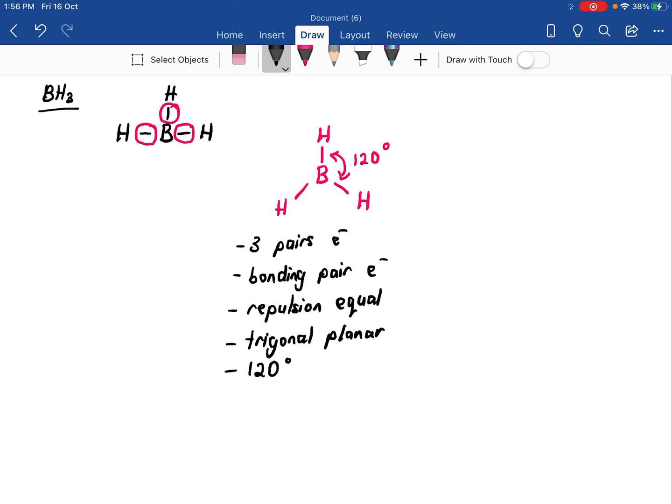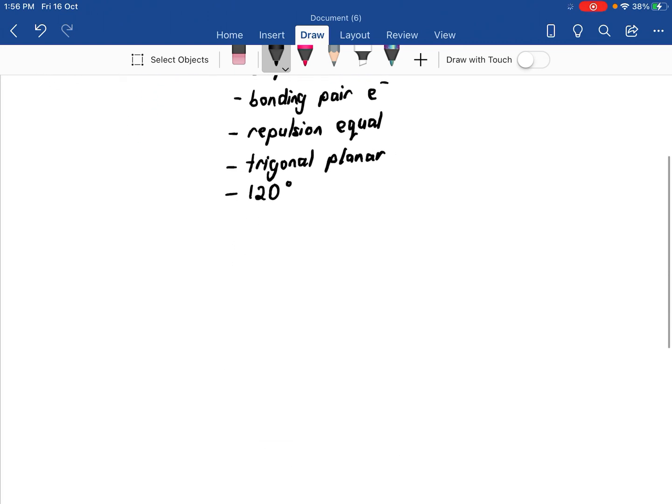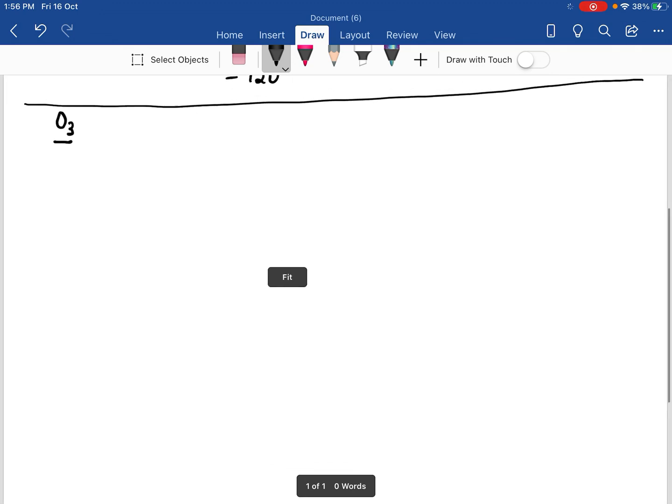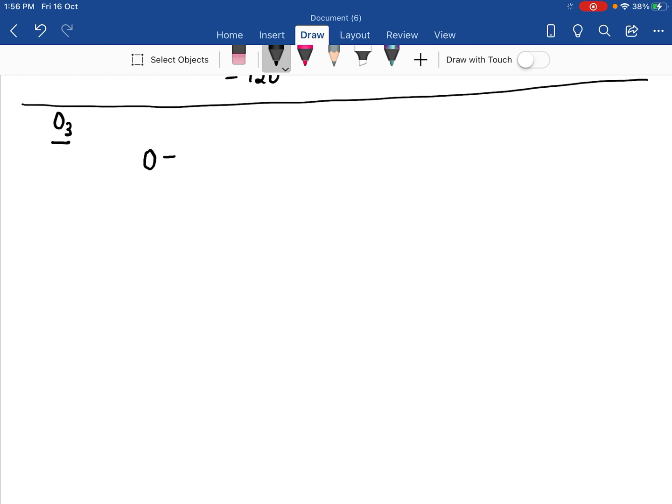Okay, now let's take a look at another example, which is O3. Again, if you remember, you have to draw the Lewis structure of O3. So if you still remember, O3 looks more or less like this with the resonance structure. So we just consider one structure because the resonance structures are basically the same.